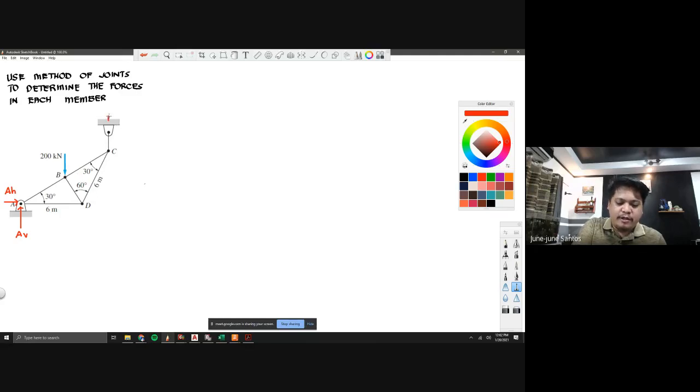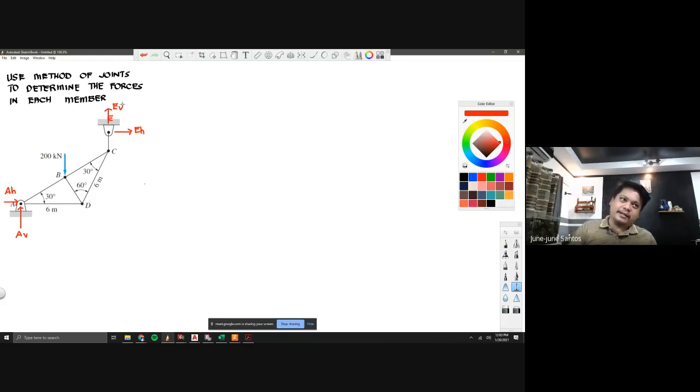So we'll call it as point E. Dalawa rin. So we have here the EH and we have here also the EV, or vertical. Kaya sabi nyo kanina, kapag apat yung unknowns sa external supports and we are speaking with the truss system, it means unsolvable siya by simple methods.